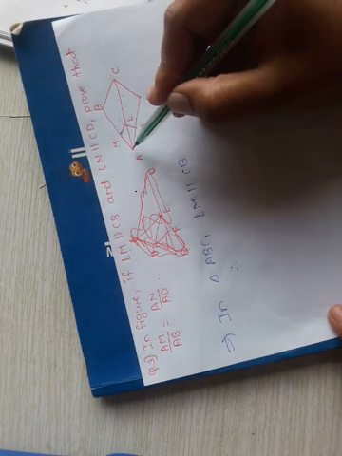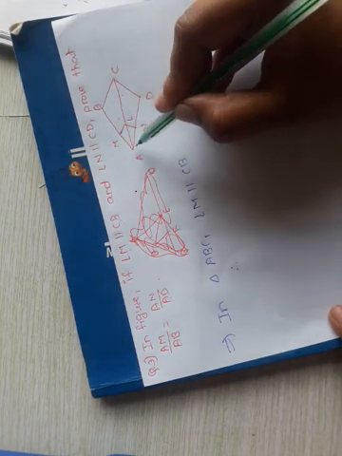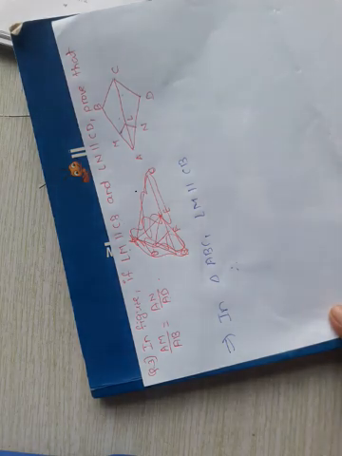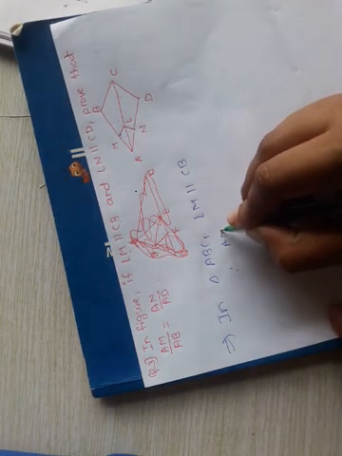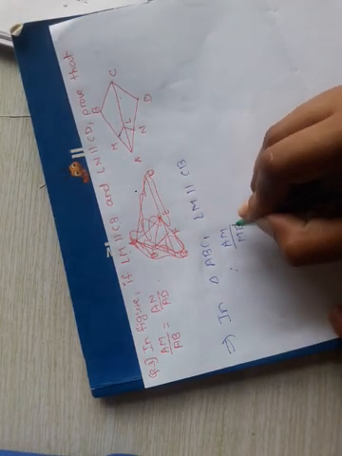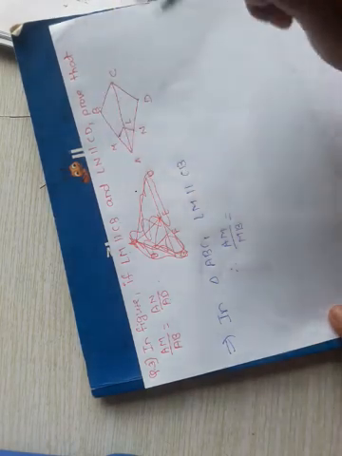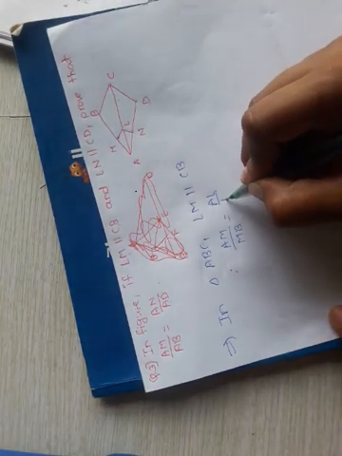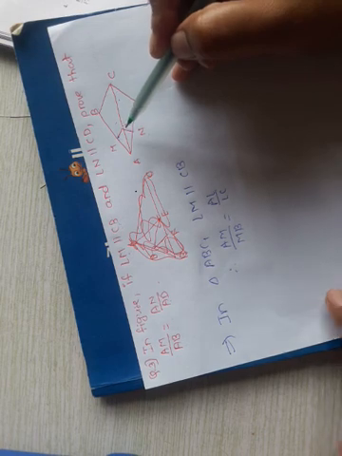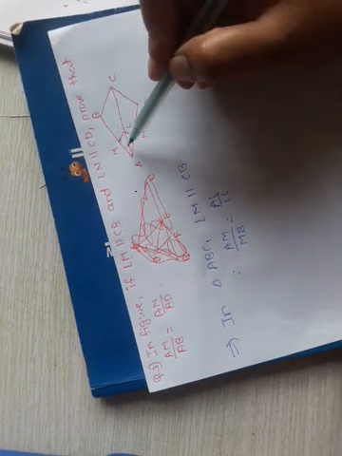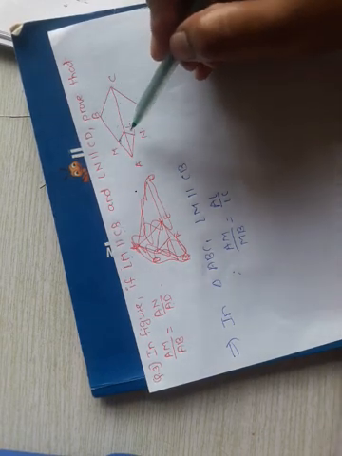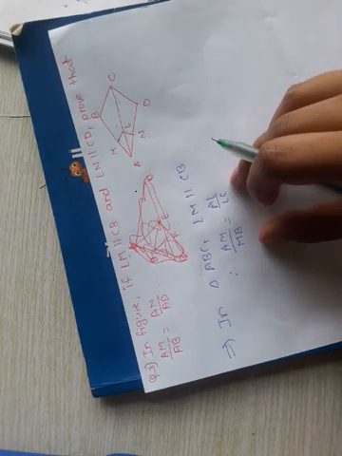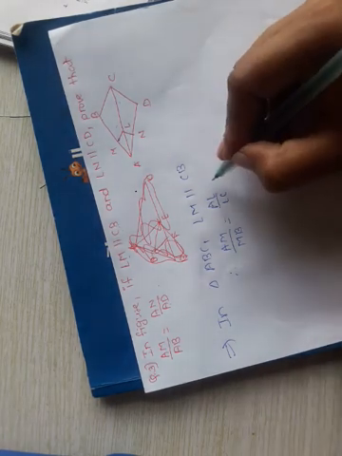So which ratios are here? AM upon MB is equal to AL upon LC. These ratios are equal. So write down AM upon MB is equal to AL upon LC. The ratios of the sides into which the sides are divided must be equal. And which theorem have we used here?